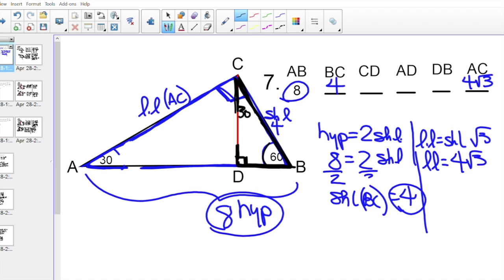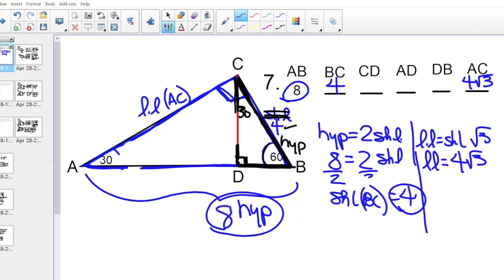Now, here you go. This side is not the shorter leg in this particular case. That would be the hypotenuse in the other one. Now, in the small triangle, this side would be the hypotenuse, which is still 4.